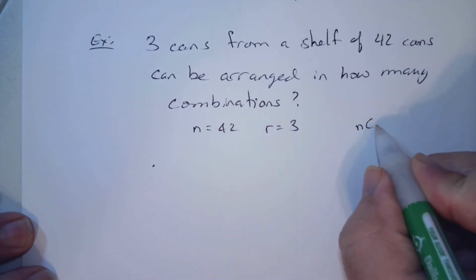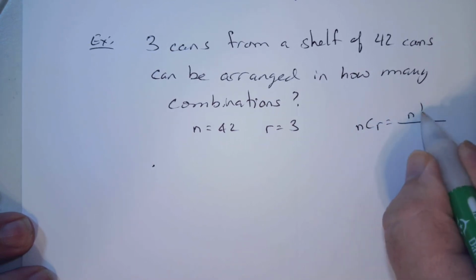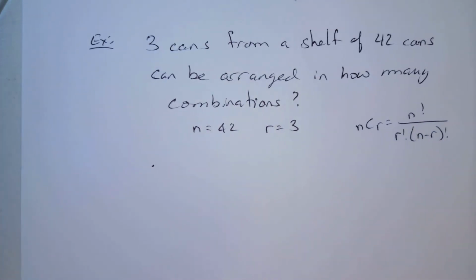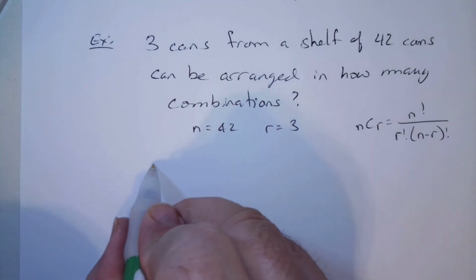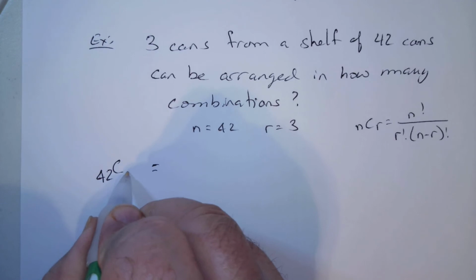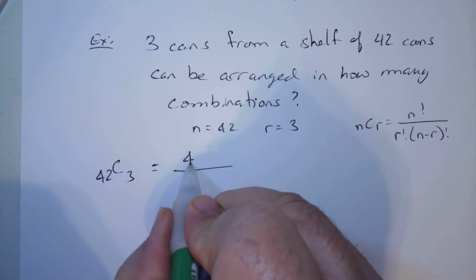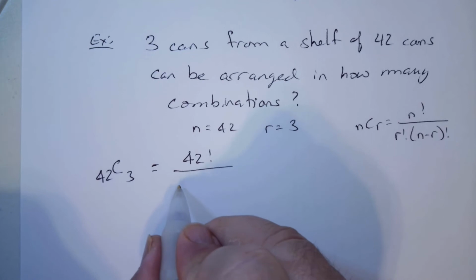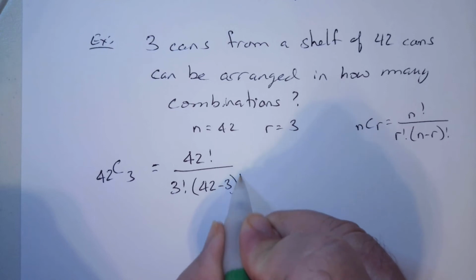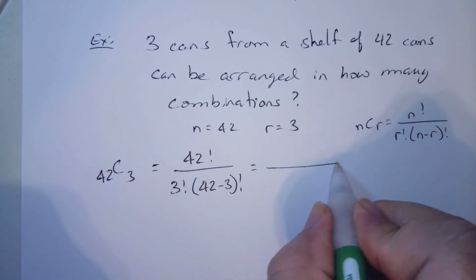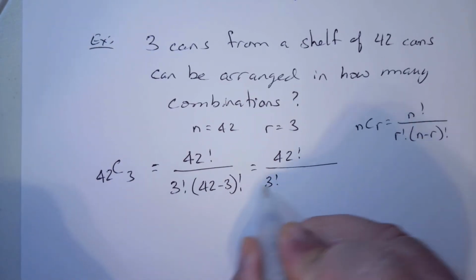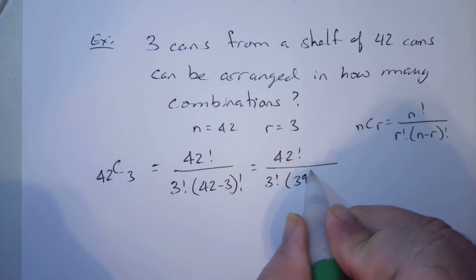Remember, our formula is nCr, n factorial over r factorial times n minus r factorial. So 42C3: 42 factorial over 3 factorial times 42 minus 3, which is 39.